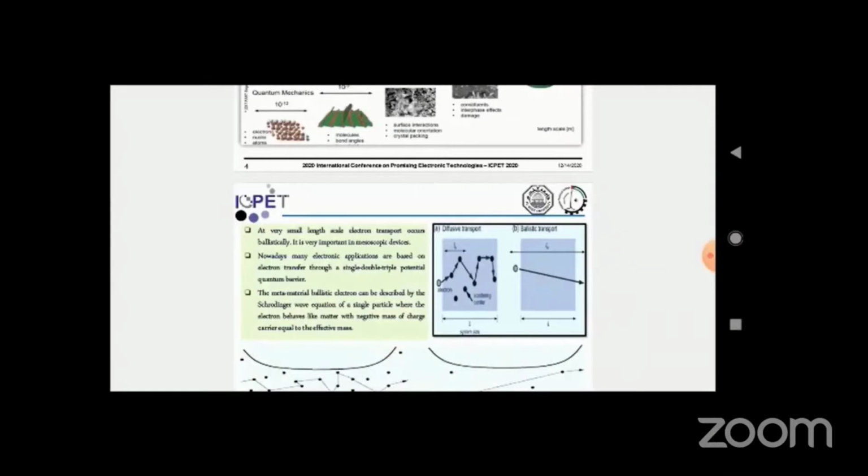However, at very small length scales, electrons transport ballistically. Look at this figure. In A is the diffusive transport, which occurs at macroscopic scale, and the electrons encounter a number of random scatterings when they travel from one point to another.